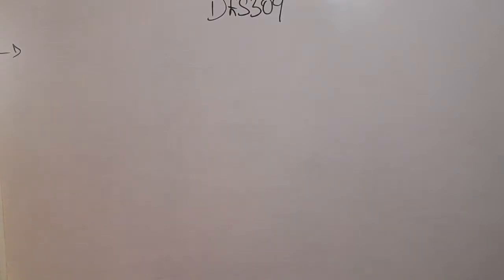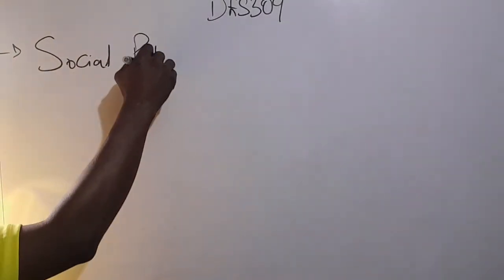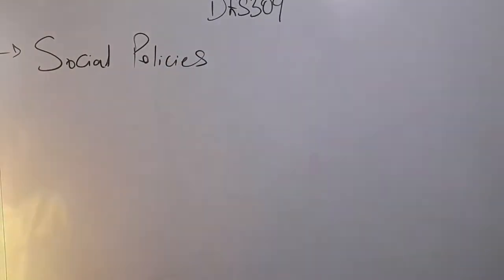Now, we are taking social policies and social development. Social policies. Okay, now when we talk about social policy, what are we simply referring to? Okay, let's take it one step at a time.